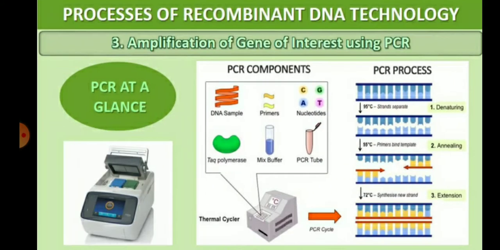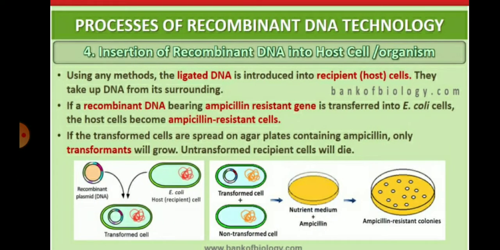So children, after the amplification of the gene of interest, through the denaturation, annealing, and extension processes, the fourth step is the insertion of the recombinant DNA into the host cell. Using any method, the ligated DNA is introduced into the recipient cells, or we can say the host cell.